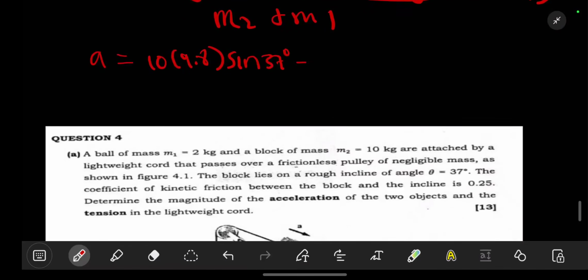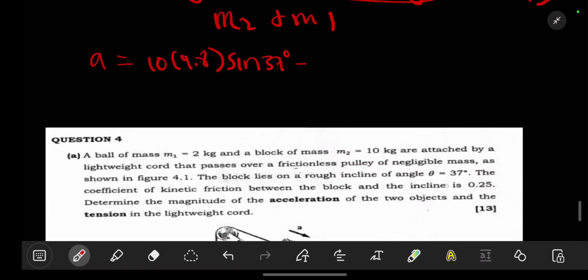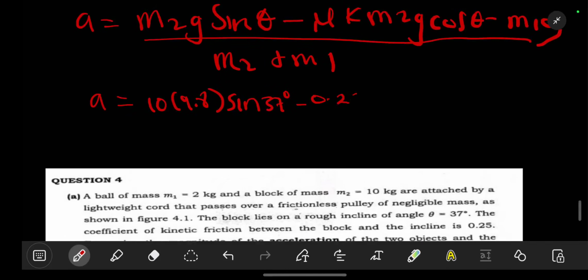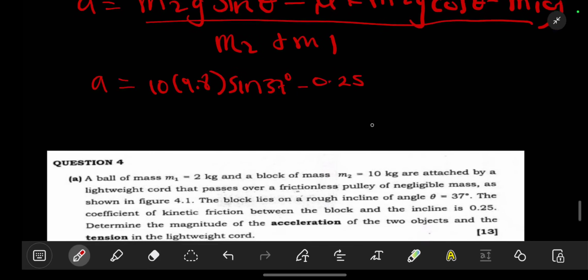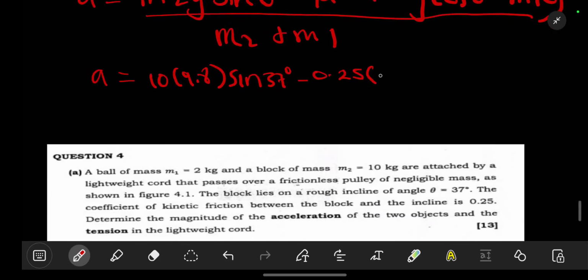What do we have for mu k? 0.25. Then we have times our m2, m2 is equal to 10.